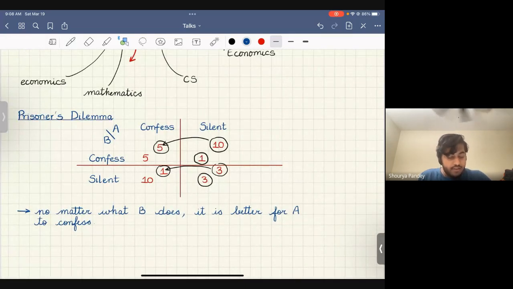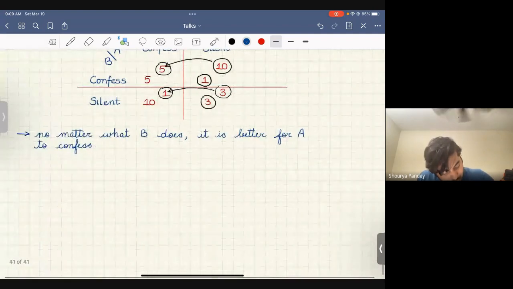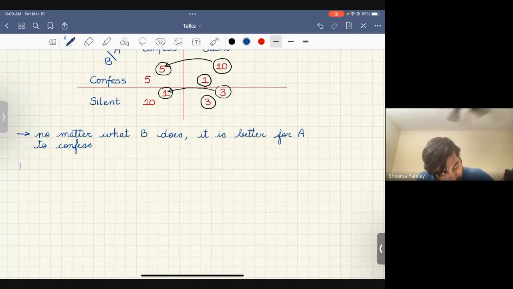So I just want to go through a few examples like these. So let's go through one more example.